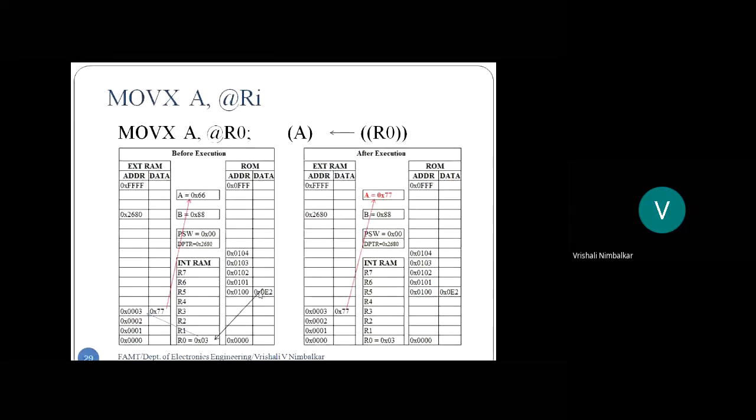So the microcontroller will automatically read R0 and understand R0 is holding one external RAM address. And what is that address? 0003 hex. Correct? Look at the blue arrow, it immediately goes to that location 0003 hex, picks the data from it, and see the red arrow? That data is transferred to the accumulator.